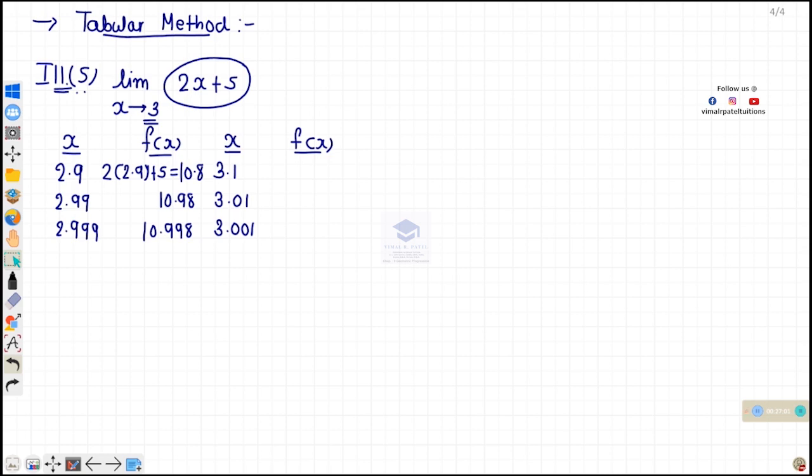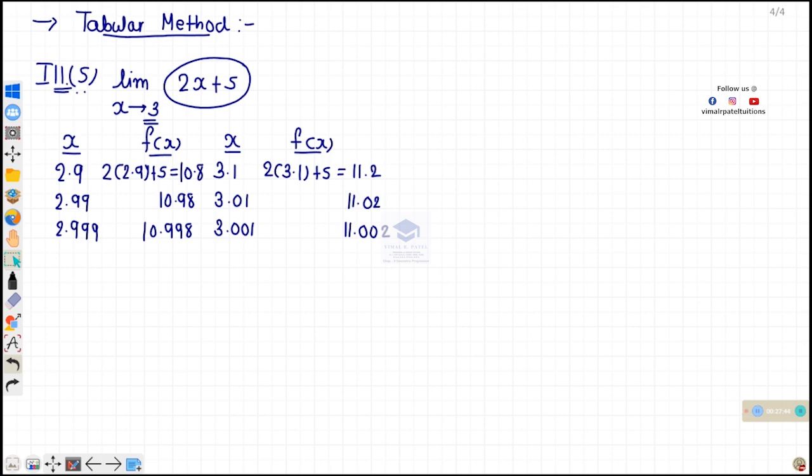Same way, here it will be 2 into 3.1 plus 5, so it will be 11.2. Then 2 into 3.01 plus 5, 11.02. So you can see here the value of the function goes nearer to 11: 10.8, 10.98, 10.998, 11.2, 11.02, 11.002.